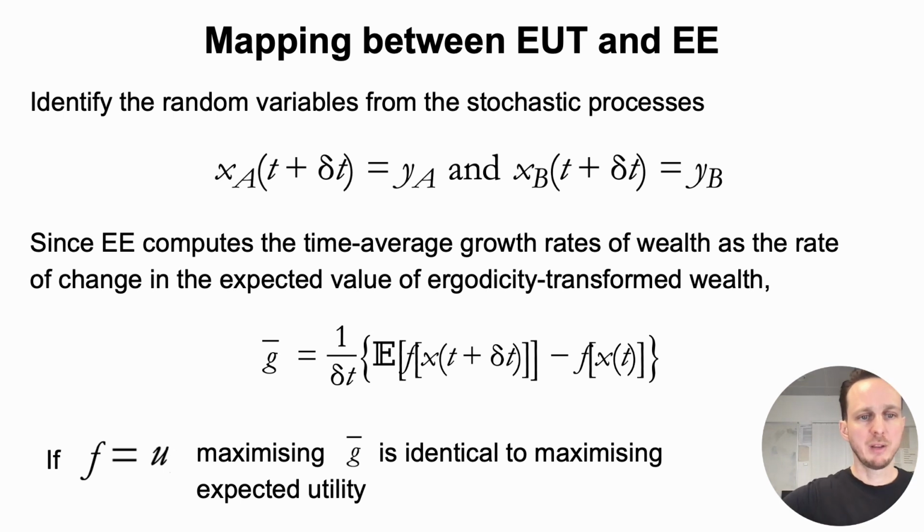Now I should point out that this freedom to make these two transforms the same exists only with the utility function, because the utility function has freedom under its parameterization to become equal to the ergodicity transformation. The ergodicity transformation is not free to align to any arbitrary utility function.